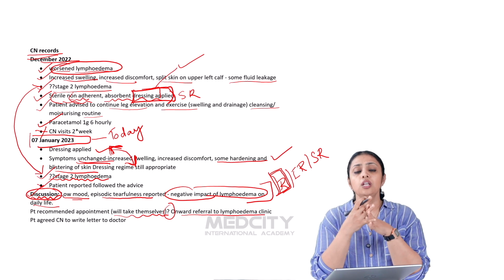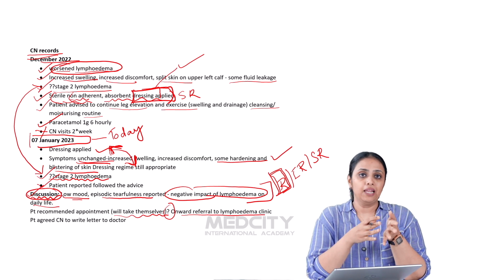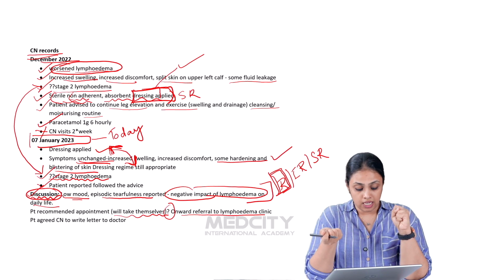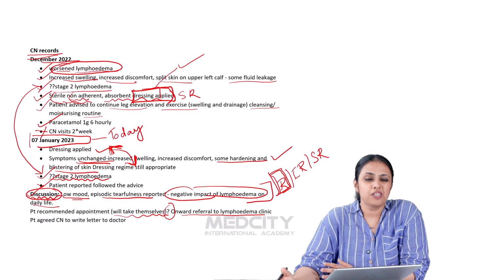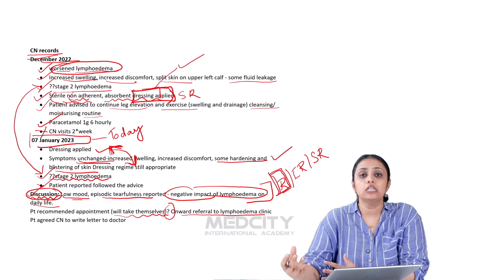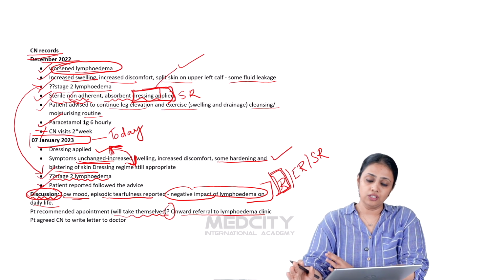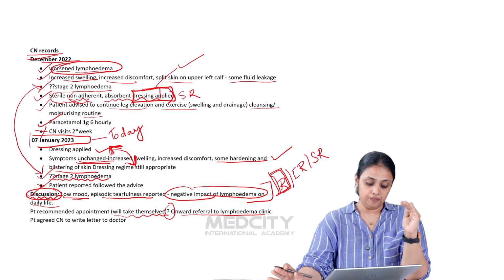During the discussion, you understood that the patient has been compliant with the management regime, but still the condition has been worsening. The patient also expressed that she is experiencing low mood, then episodic tearfulness, and she is concerned regarding the negative impact this condition has on her daily life. So all of these are relevant, and you're going to update all of this to the patient's doctor.